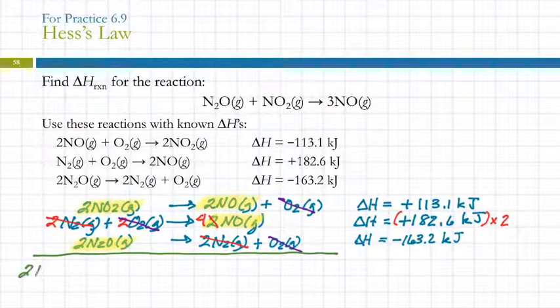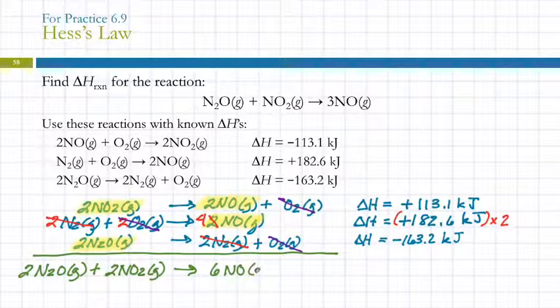I've got 2 N2O gas plus 2 NO2 gas. And there's just so many N's and O's and 2's in this. On the product side, I have 2 NO and I have 4 NO. So what's 2 plus 4? 6, right? So 6 NO.